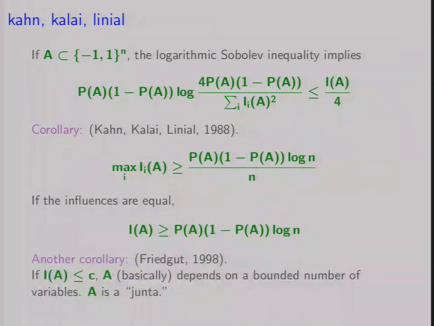Because now there's a small subset of us who will decide the voting, the rest doesn't matter. So what this basically means is that if the total influence is small, then we can approximate the set by changing it only a little bit, and it will become a junta. So it's very close to a junta.